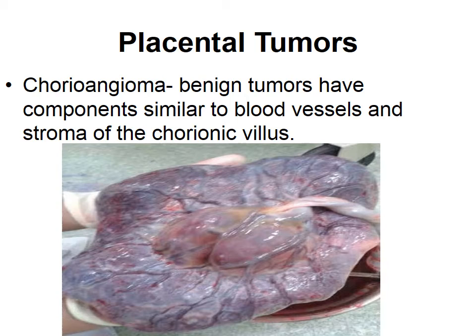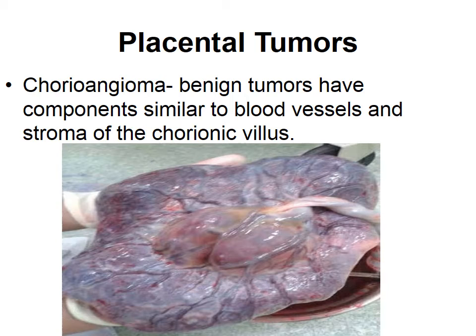Chorioangioma. Those benign tumors have components similar to blood vessels and stroma of the chorionic villus, also called chorangioma. Those placental tumors have an incidence of approximately 1%.